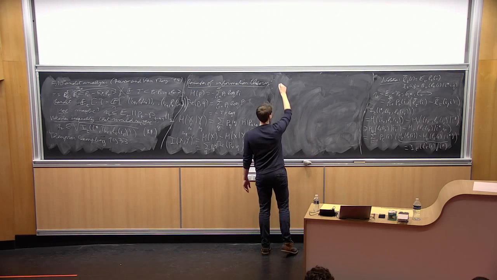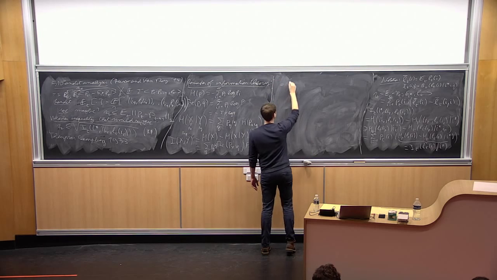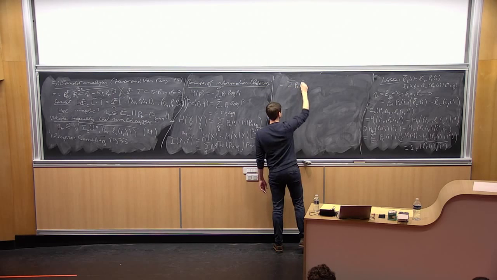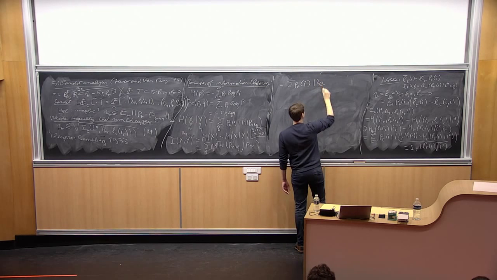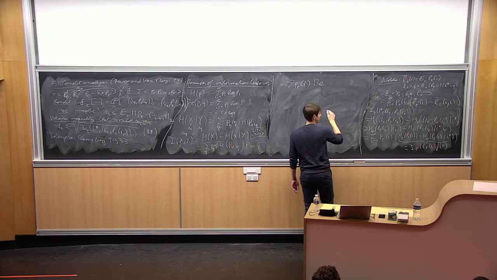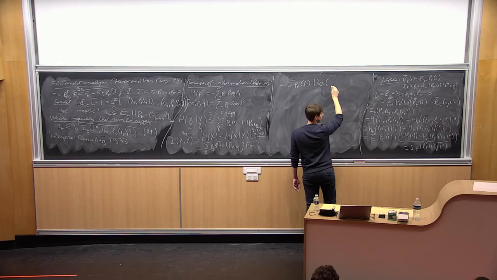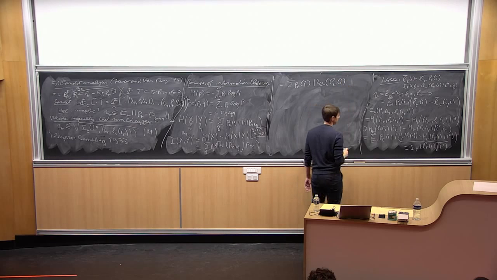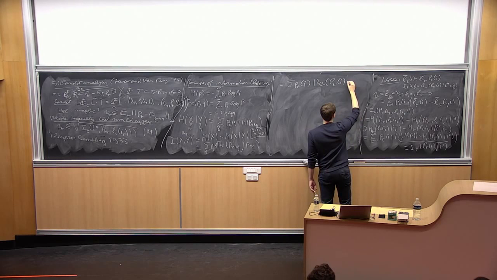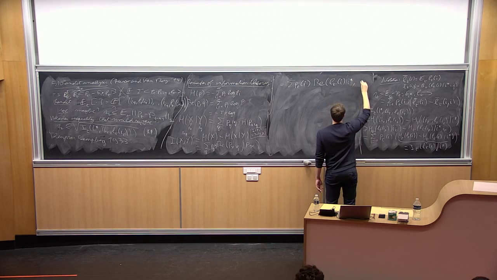So what is this? So this is equal to just the sum of p_t(i) of the relative entropy between l_t(i) given I star, so l_t(i) given I star, and l_t(i).